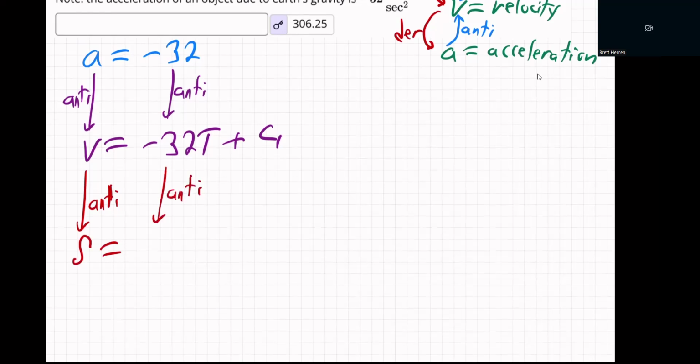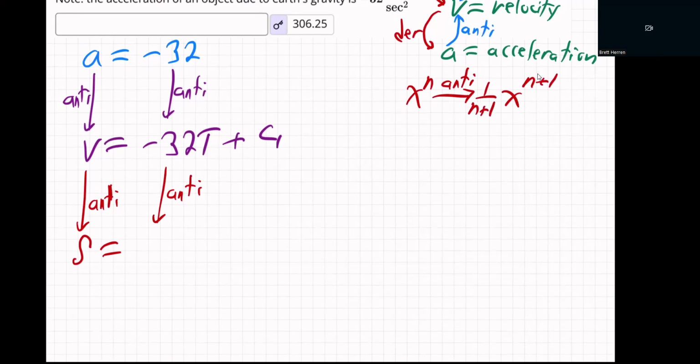What's that going to be? Remember how the antiderivative rule works? For x to the n, you do the opposite of the derivative: instead of subtracting 1 from the power, you add 1 to the power, and instead of multiplying by the number in front, you divide by it.